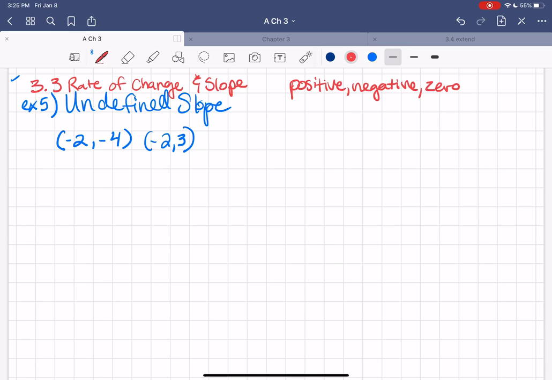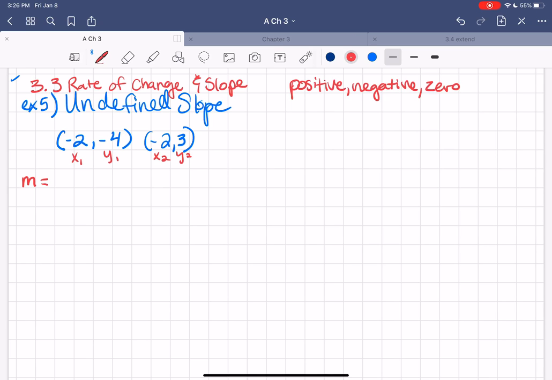Well, let's calculate what the slope of the line between these 2 points would be, because they're given to us in this example for a reason, right? So I'm going to have x1, y1, x2, y2.